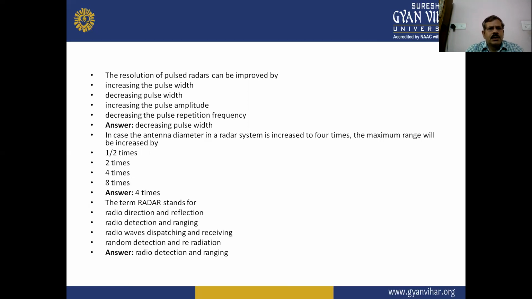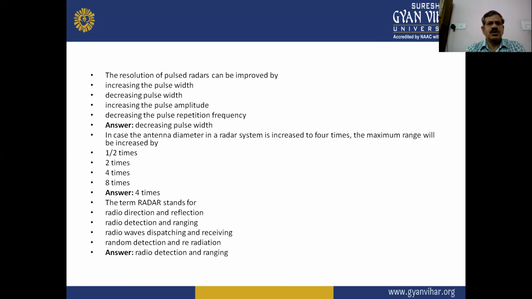Next question: the resolution of pulse radar can be improved by? Option A, increasing the pulse width; B, decreasing pulse width; C, increasing the pulse amplitude; D, decreasing the pulse repetition frequency.